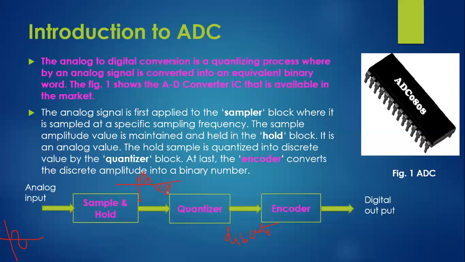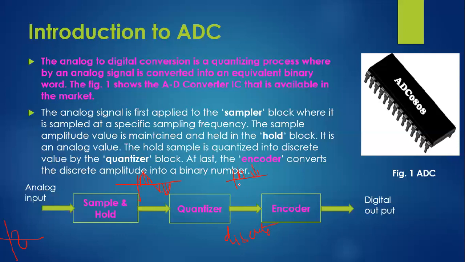These samples are passed through the quantizer to convert these discrete analog signals into discrete digital signals. From this, the output will appear like this, which will be in terms of digital form.